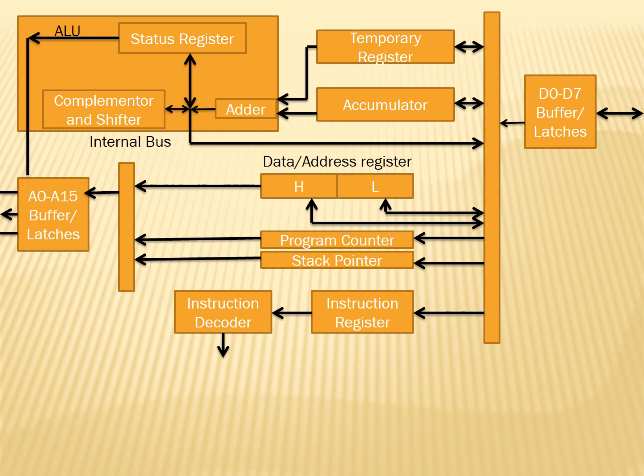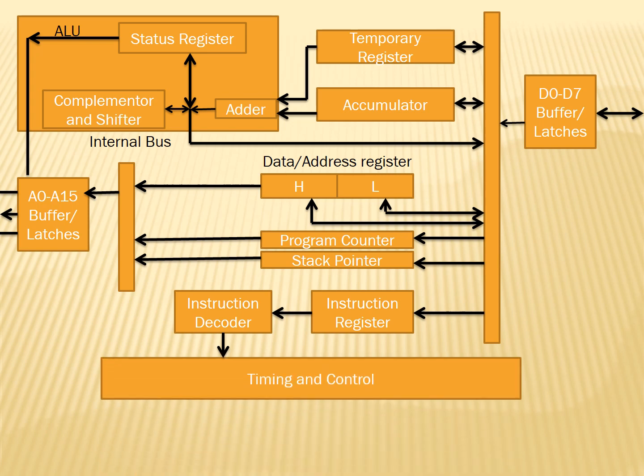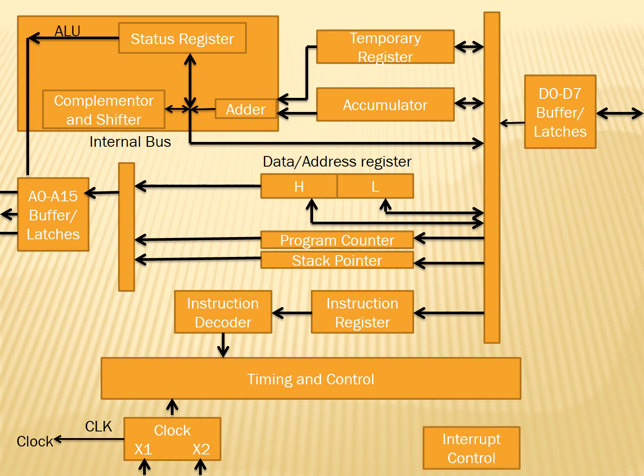Next, you can see here the timing and control unit. The output of the instruction decoder is gated to the timing and the control unit. Here we have the clock X1 and X2, which is connected to the crystal of 6 megahertz, and it is also connected to the timing and the control unit. The input is given with the help of the crystal.